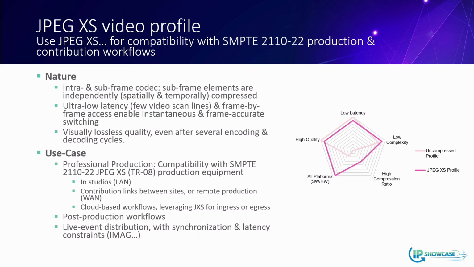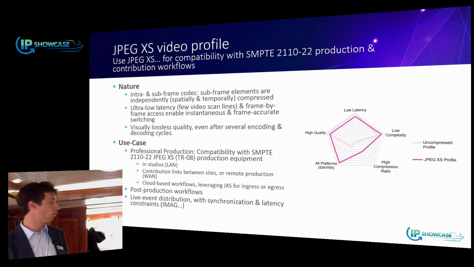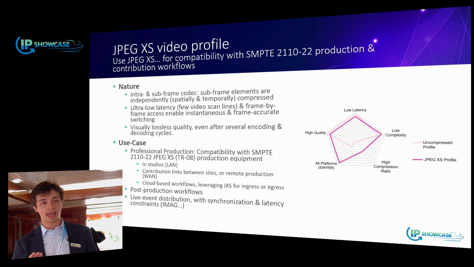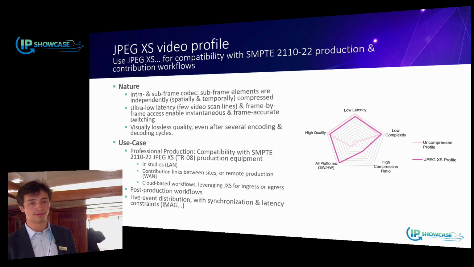And so you can use that profile if you want to interface in local area networks, also in wide area networks where TR08 is being used. That's a specification for JPEG XS within SMPTE 2110. And also in cloud-based workflow where JPEG XS is used as an ingress or as an egress. It can also be used in post-production workflows and any live event distribution where you need synchronization and where you've got latency constraints, such as image magnification, for example.